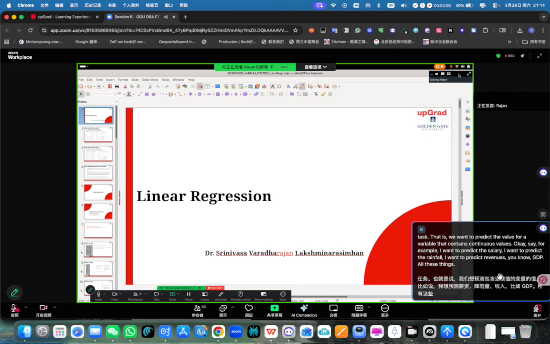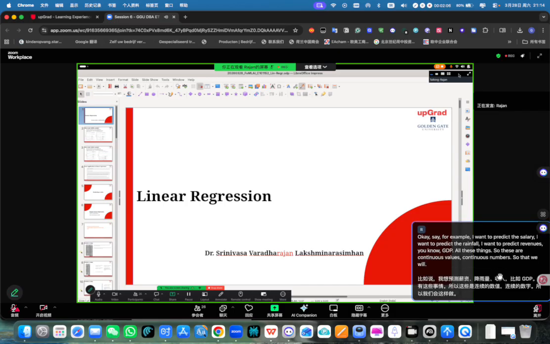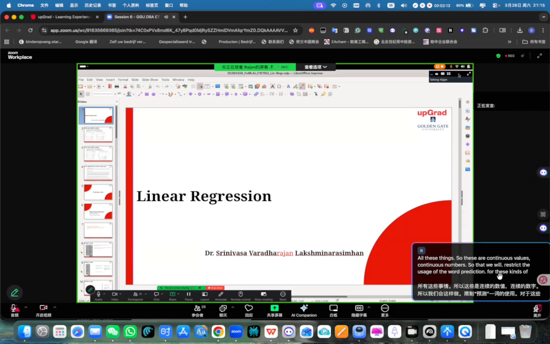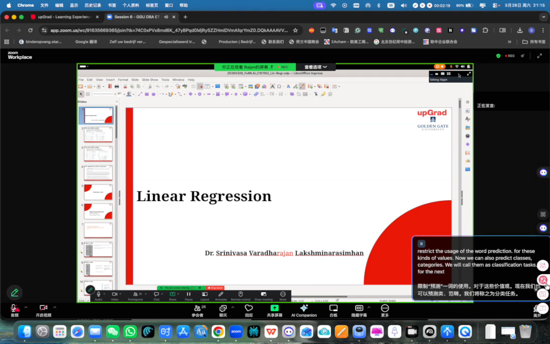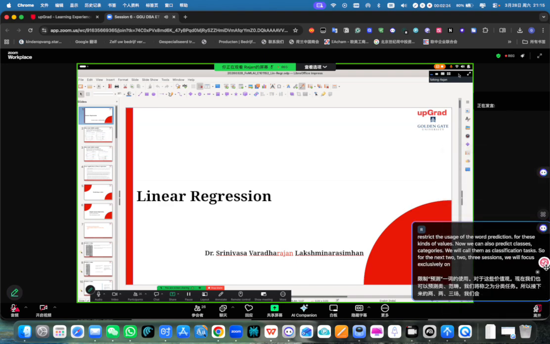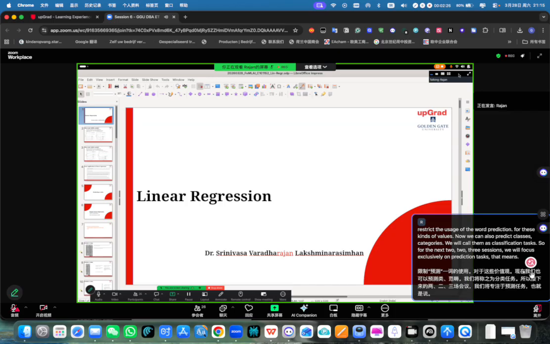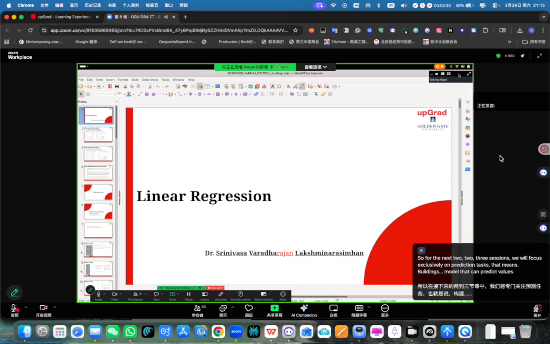These are continuous values, continuous numbers. So we will restrict the usage of the word prediction for these kinds of values. Now we can also predict classes, categories. We will call them classification tasks. So for the next 2-3 sessions, we will focus exclusively on prediction tasks. That means building a model that can predict values for a continuous variable.